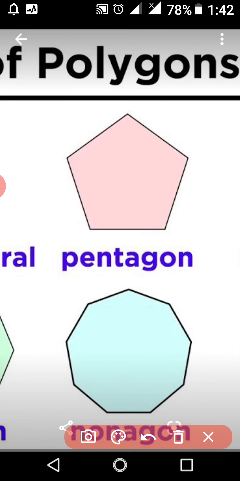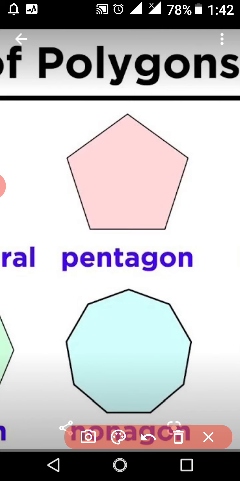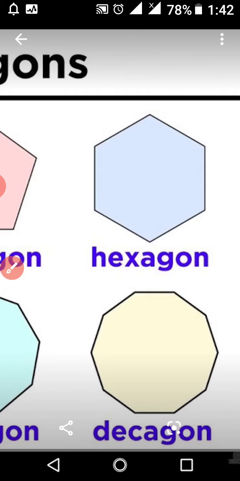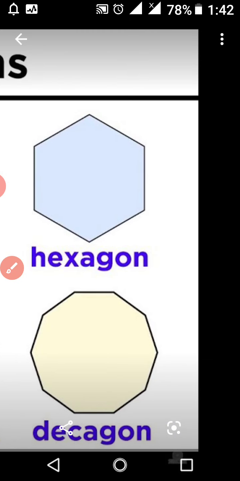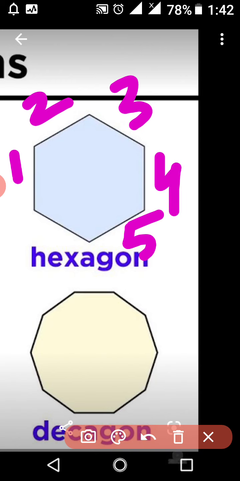A polygon which has 5 sides, 1, 2, 3, 4 and 5, is known as a pentagon. A polygon which has 6 sides is known as a hexagon.